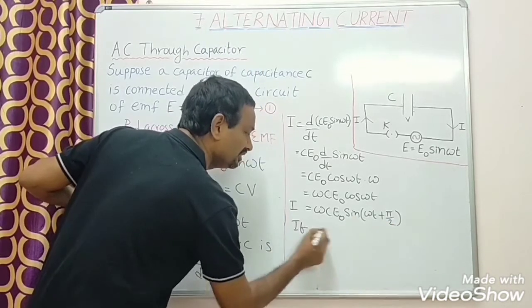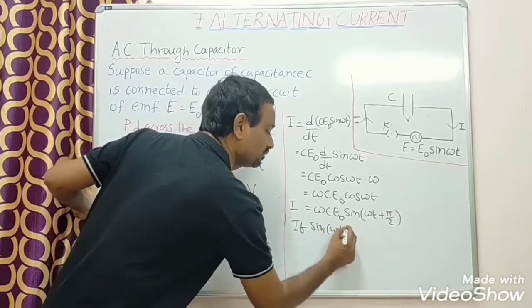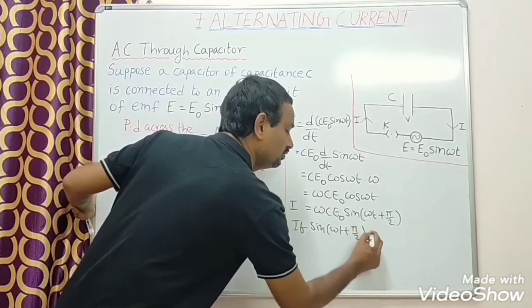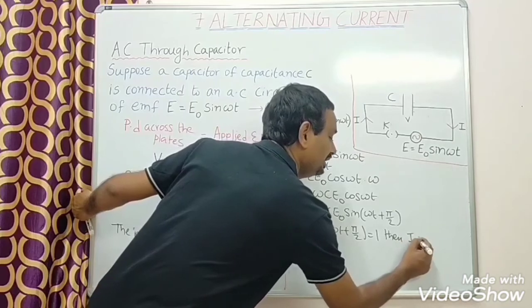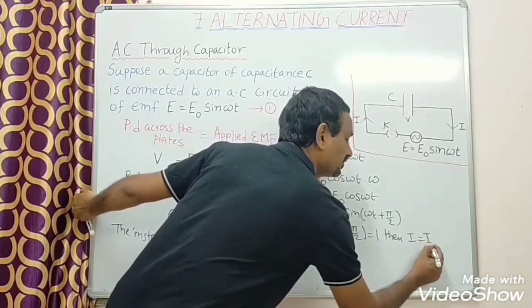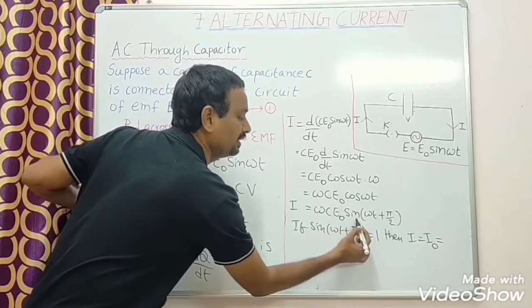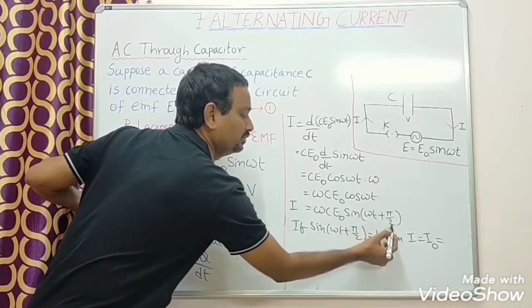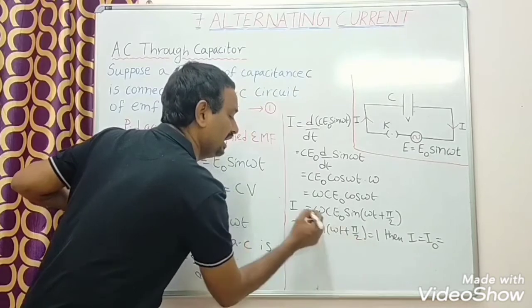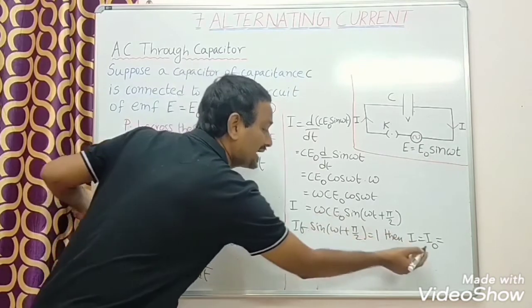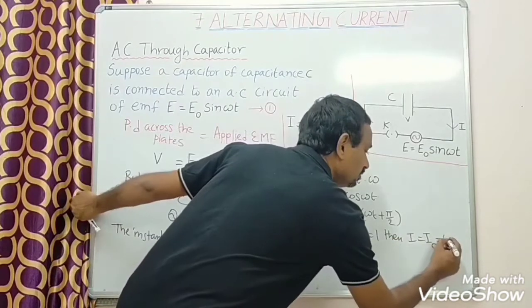If sin of omega t plus pi by 2 equals 1, then I will be the maximum value of current, that is I naught, equal to omega C E naught.